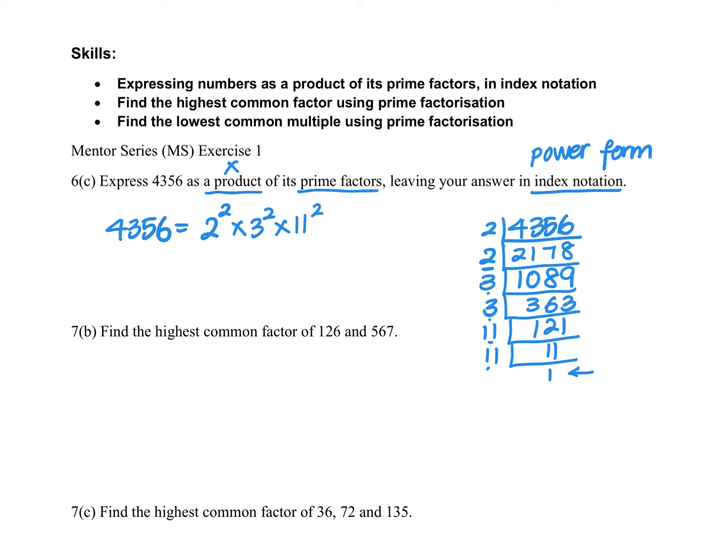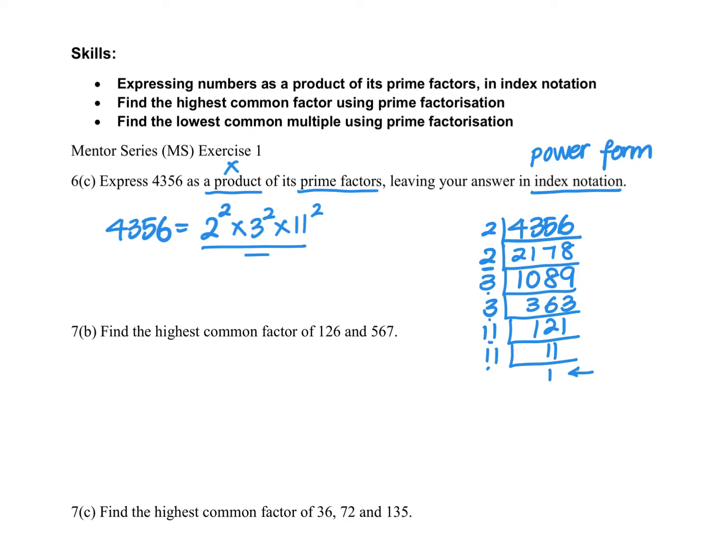Hence, I have expressed this number as a product of its prime factors, and I left the answer in index notation. This is how we do prime factorization. But in examination, we may not have time to write all the working at this side. So we need to learn how to use the calculator wisely and take note of the factors as we go along to do the prime factorization.